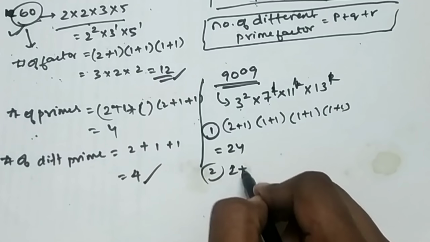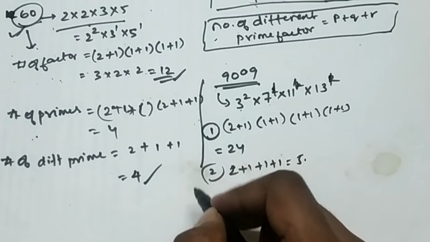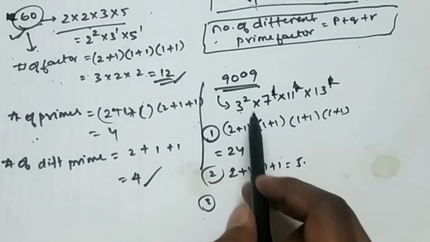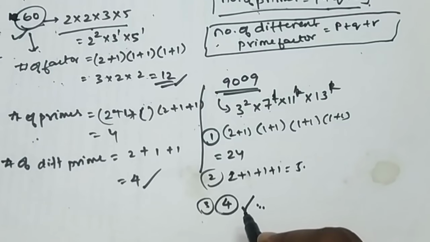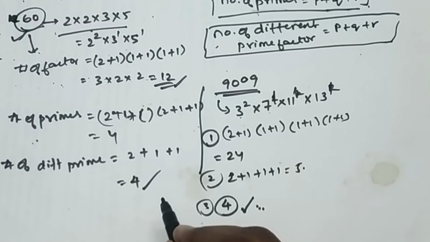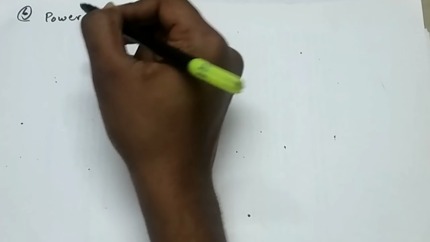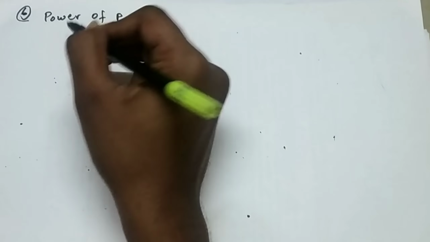And let us say the number of primes will be 2 + 1 + 1 + 1 = 5. And the third one is different primes. There are 4 primes, so there will be 4. So let us see how to find the power of p in a factorial.